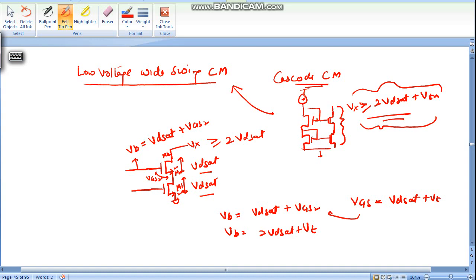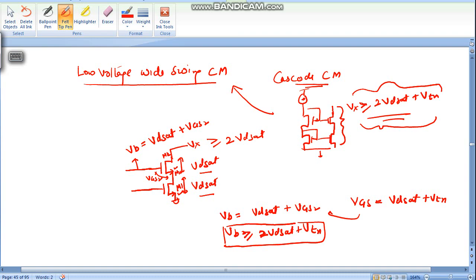So our requirement for VB is that VB should be greater than or equal to, or minimum VB equals, 2Vdsat plus VTN. VTN is the threshold voltage for NMOS. So from here we can see this is Vdsat plus VGS.